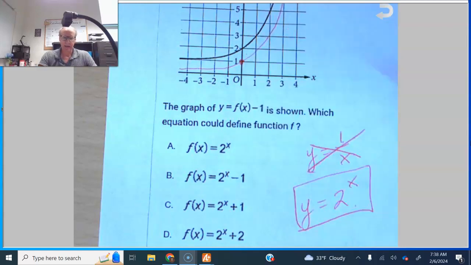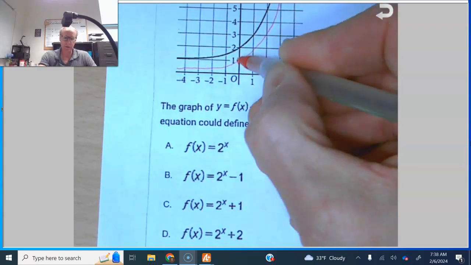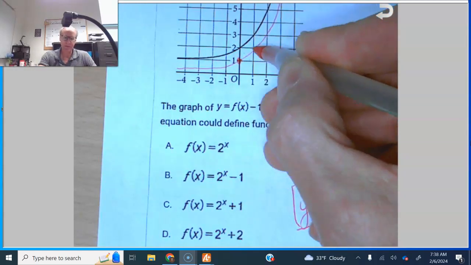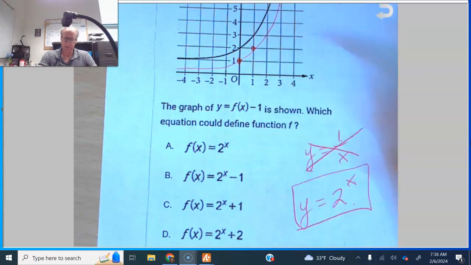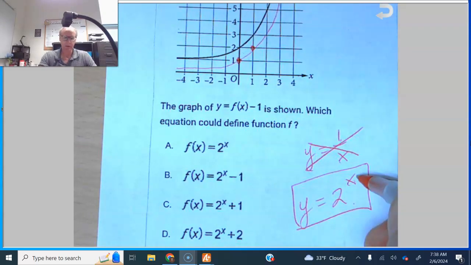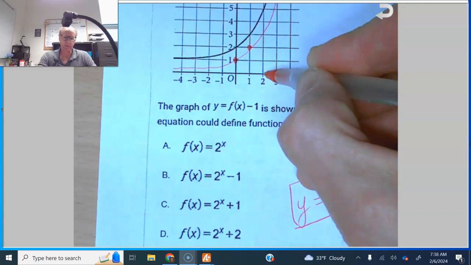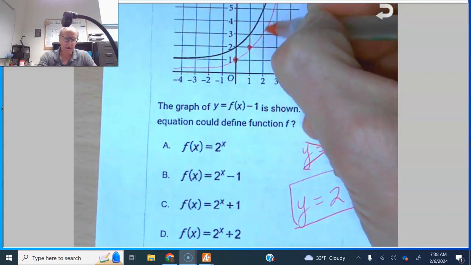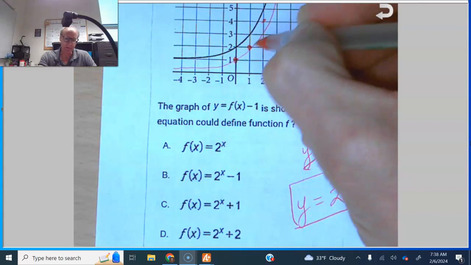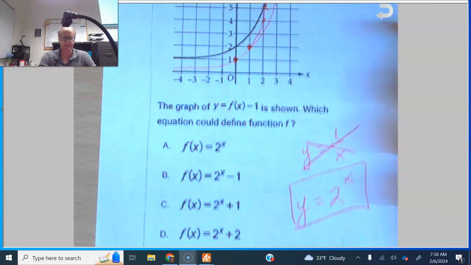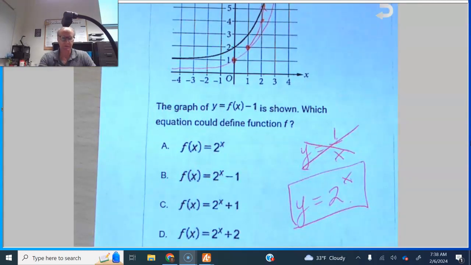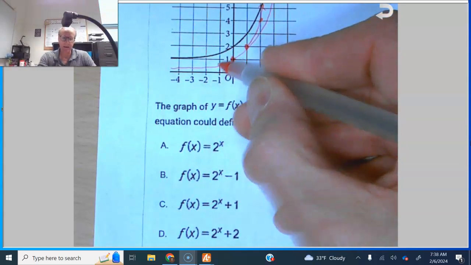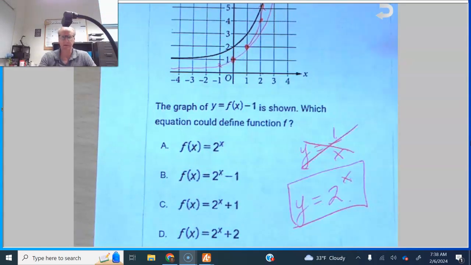As you can see, x to the 0 power equals 1, x to the first power equals 2, because 2 to the first is 2, and x to the second power equals 4, which I was a little off. I didn't quite get it steep enough here. There we go. Now it's a little steeper. You can see it gets steeper as it goes. X to the negative 1 equals 1/2, and so on.